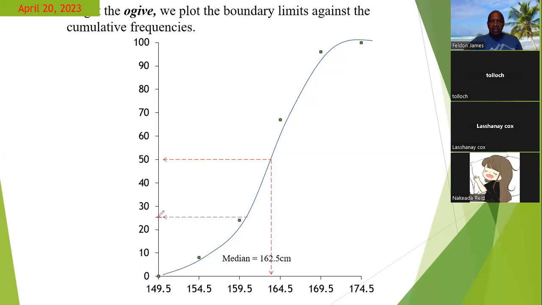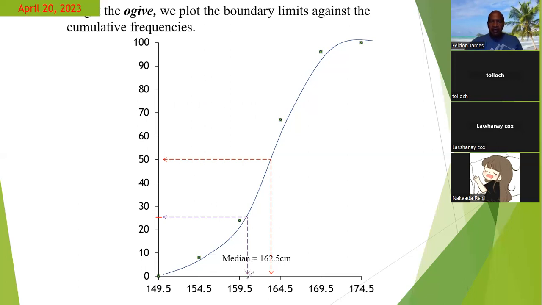Once we cut it at 25, just as before, we construct a dotted line to meet our ogive. And then wherever we meet the ogive, we construct another vertical dotted line to meet your x-axis, which is the boundary axis. Right at that point where that vertical line meets the x-axis, we're going to call that value our lower quartile value.